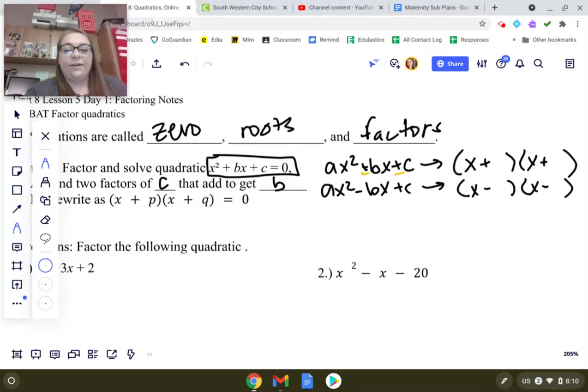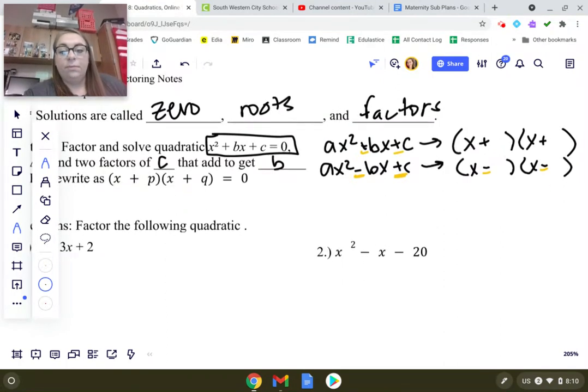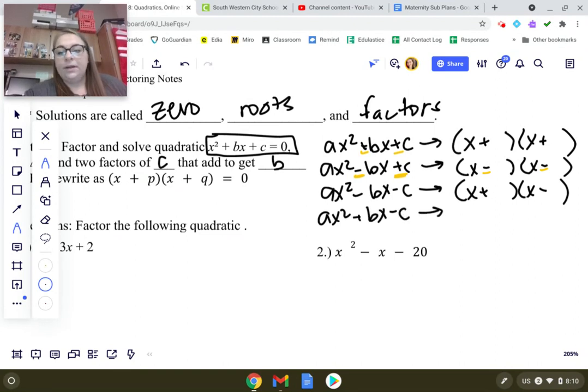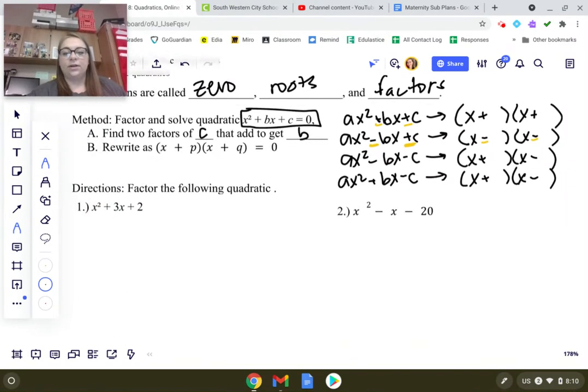If both are minus, x squared minus bx minus c, that means one's positive and one's negative. And lastly, if we have x squared plus bx minus c, again one is positive and one is negative. We'll use that guide as we do today's notes.